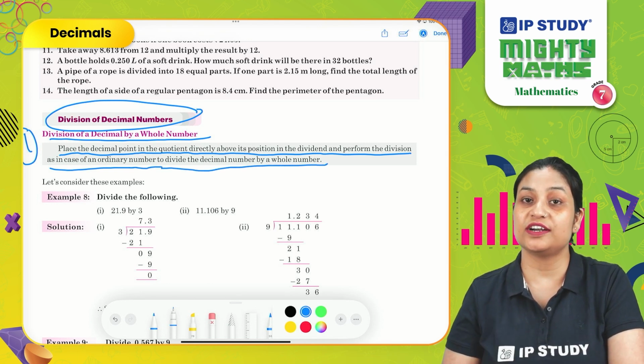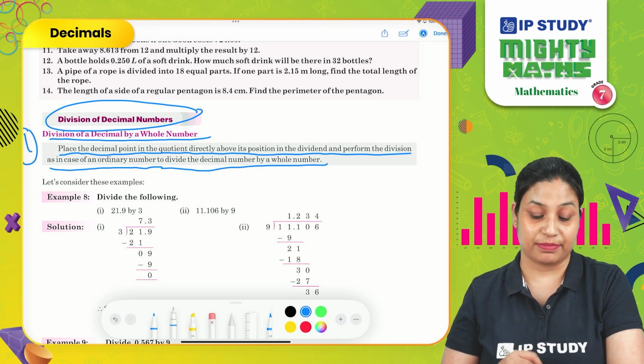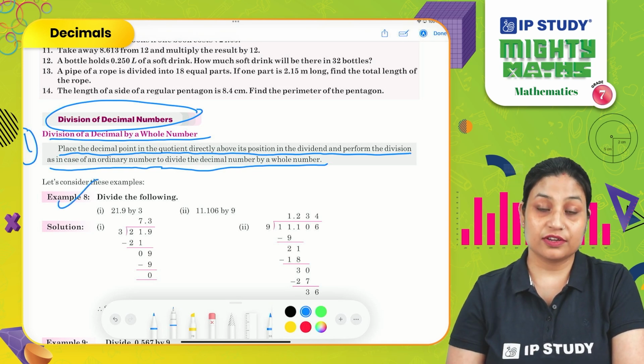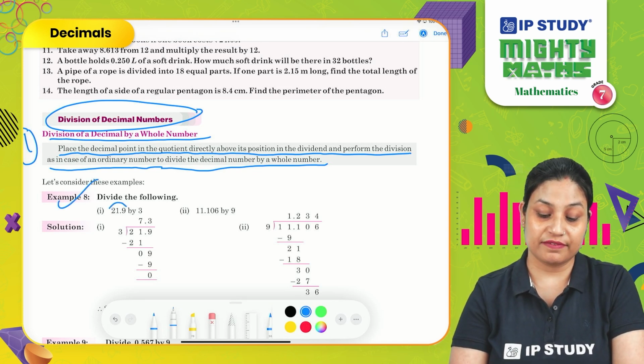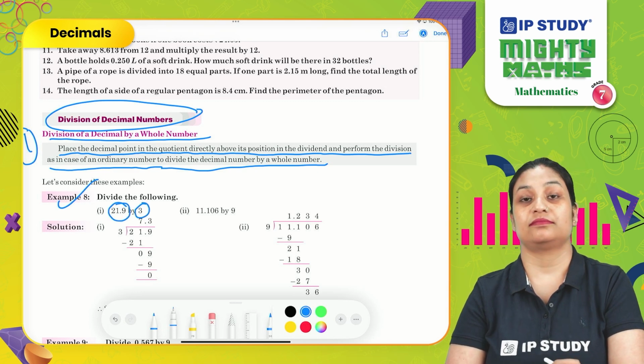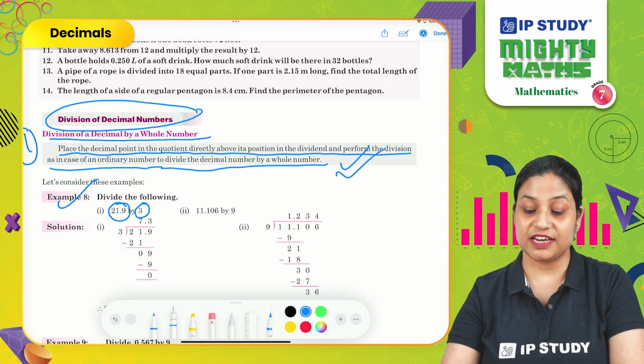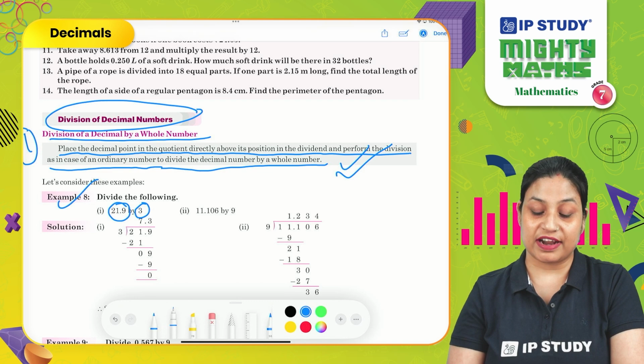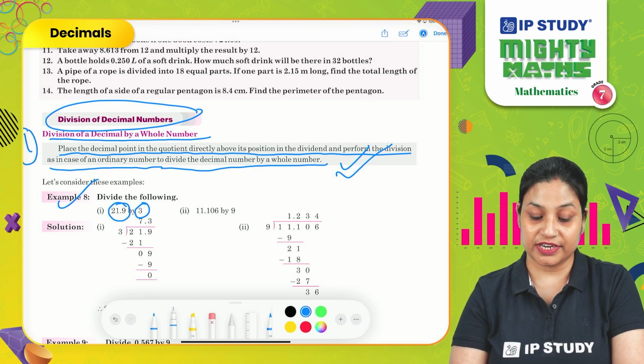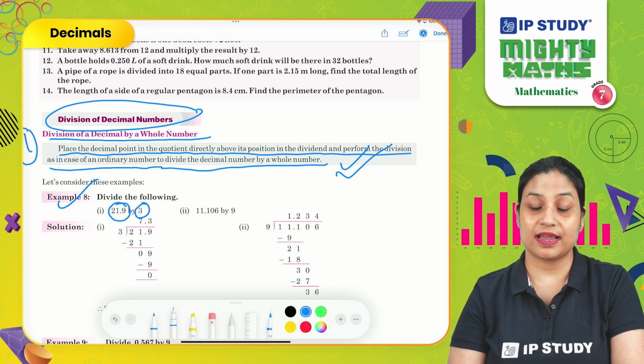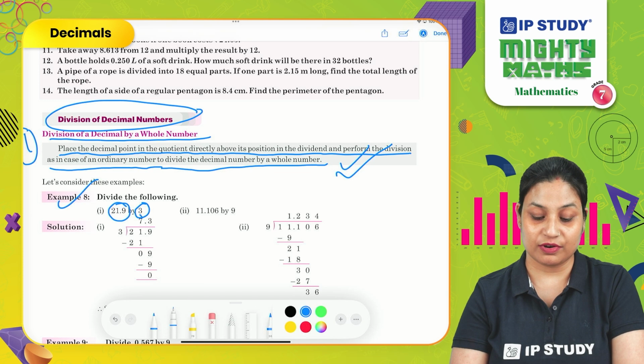Now, in order to understand this, let's take an example. Suppose you are going to divide 21.9 by 3, right? As the statement is saying, we will divide this number. 3 goes 7 times in 21, so I will write 7 over here. 21 minus 21, what do I get? 0.